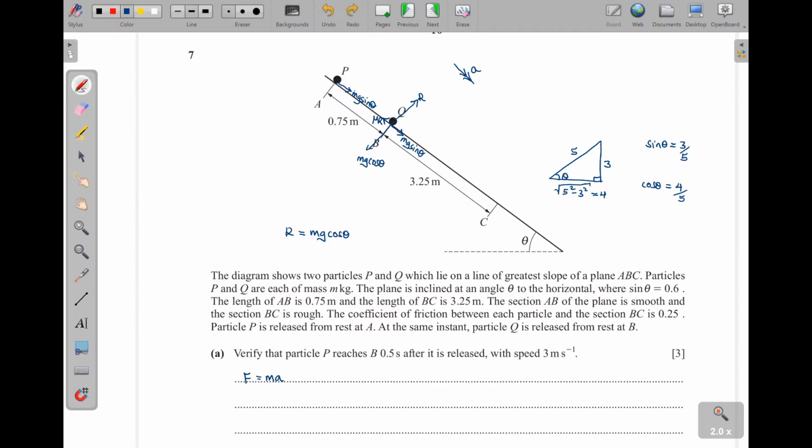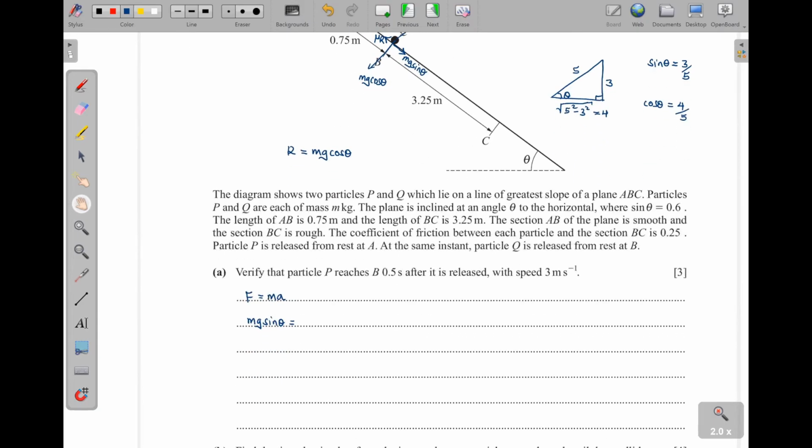So our force is mg sine theta, which is equivalent to ma. So m will disappear. This is 10 times 0.6, because that is the sine theta. That will be the a. So acceleration here is 6 meters per second squared. You see that?